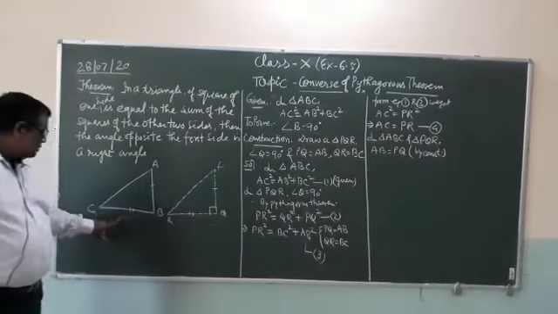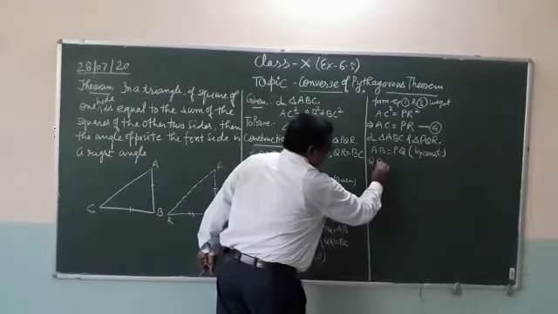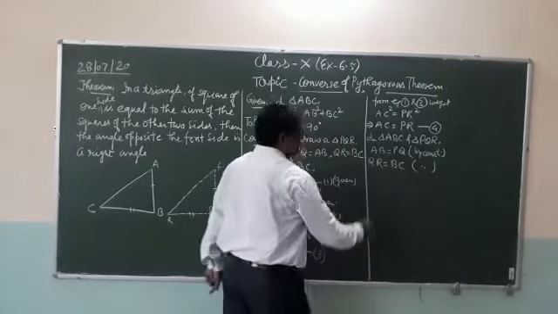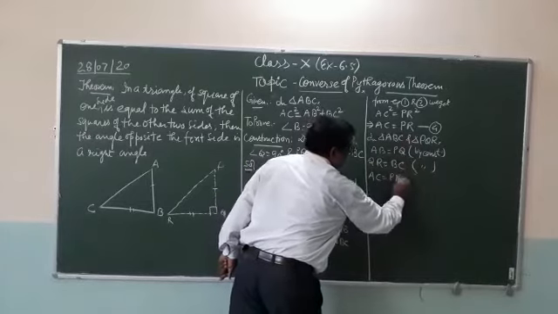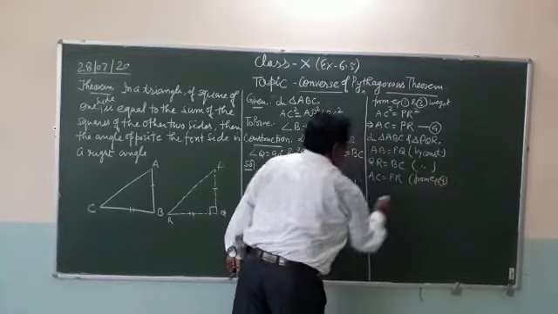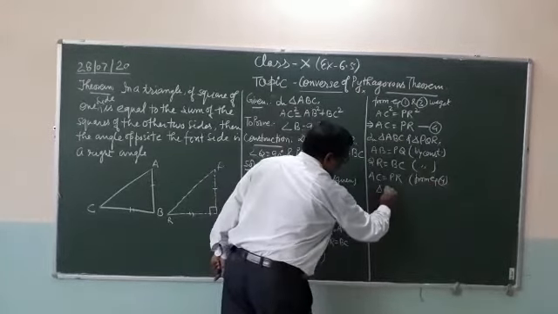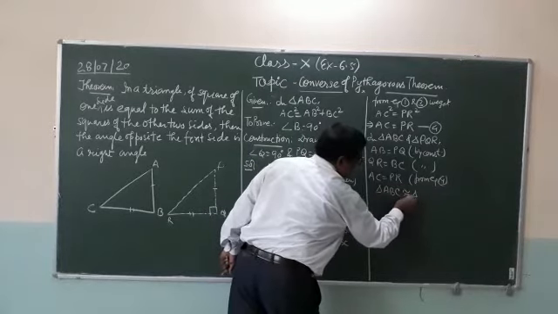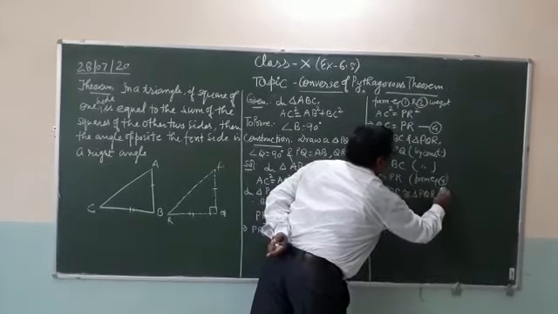QR is equal to BC, which is also by construction, and AC is equal to PR from equation 4. Therefore triangle ABC is congruent to triangle PQR. Why?